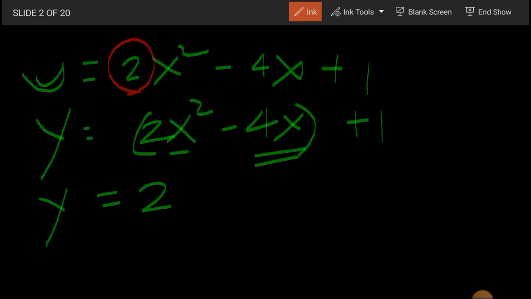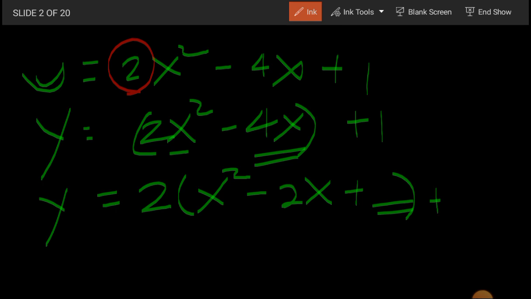We do not need to factor out x from 2x squared and 4x, because our goal here is to make a perfect square trinomial. So for x, when we factor out 2, what is left is 2x and plus blank. So we have to find the term for this part, plus 1 minus blank.